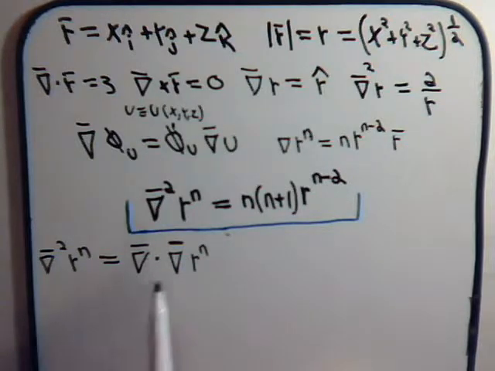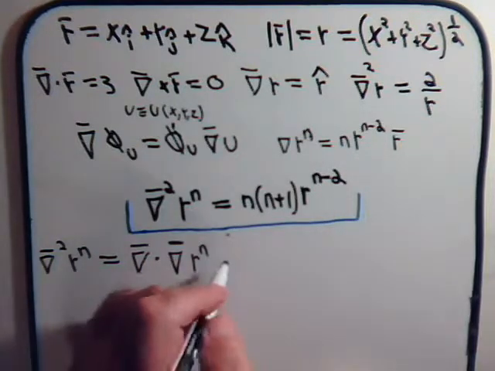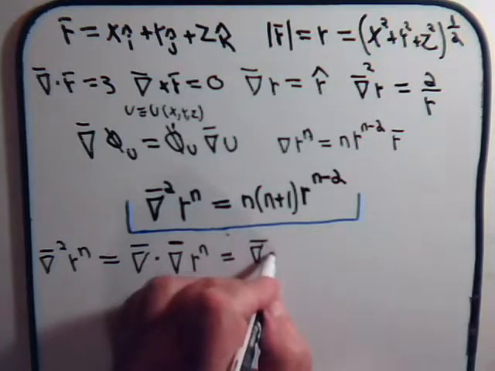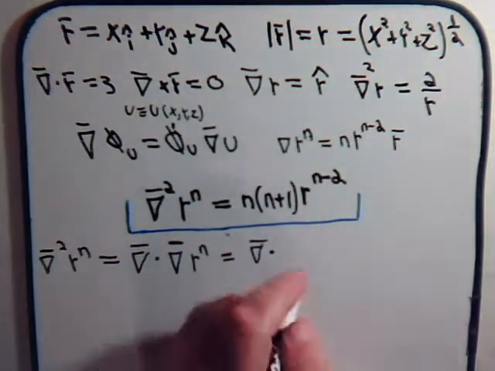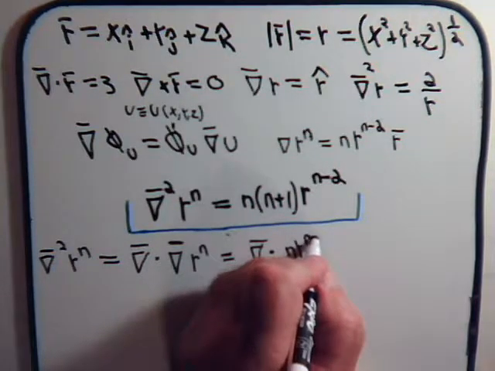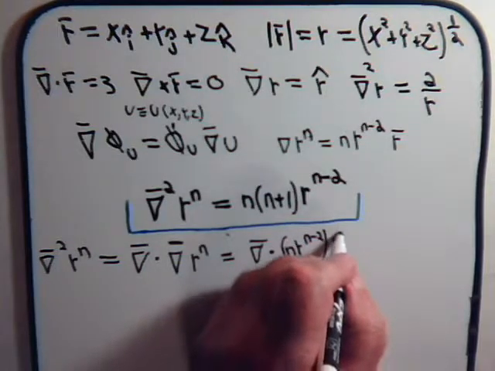And we know that this quantity right here is this. So this is equal to del, taking the dot product with this quantity, n times r to the n minus 2 times the position vector.